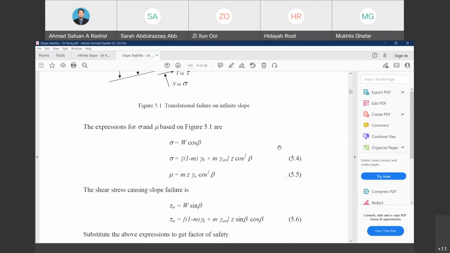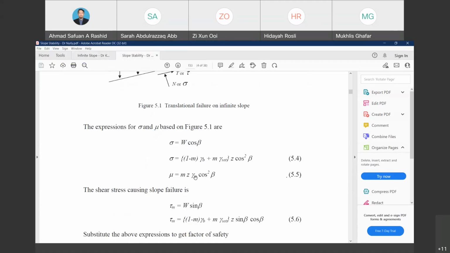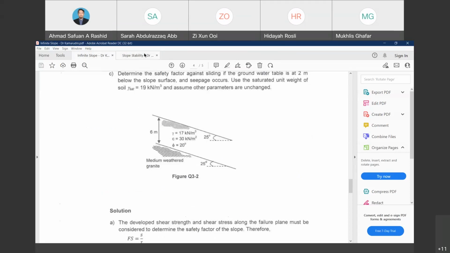That is for 5.4. While for 5.5, M is 0.67 times Z equal to 6, times gamma water. We use 10 because Dr. Kamaruddin used 10 in his example, cos square beta, where beta is equal to 25.